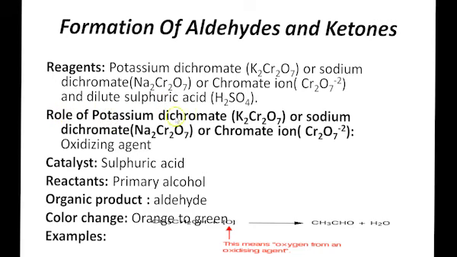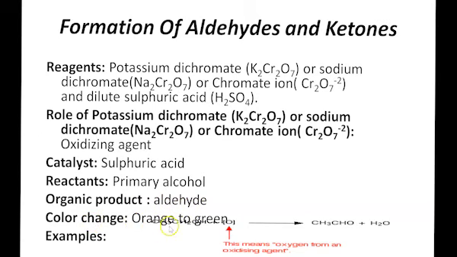What is the function of potassium dichromate? It acts as an oxidizing agent that oxidizes the other substances but itself gets reduced. Catalyst, sulfuric acid. Reactant, primary alcohol. Organic product, aldehyde.